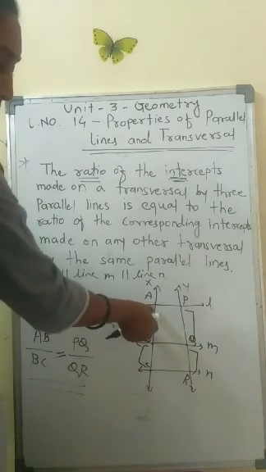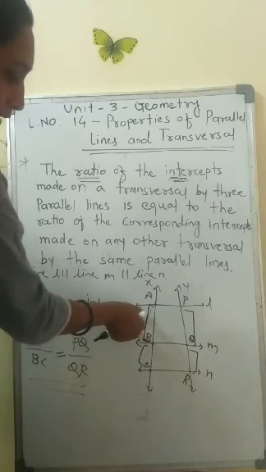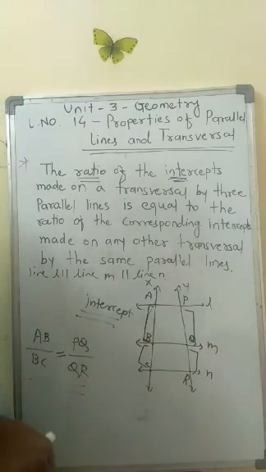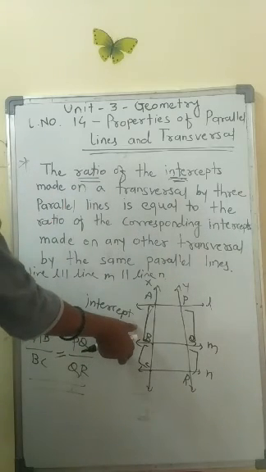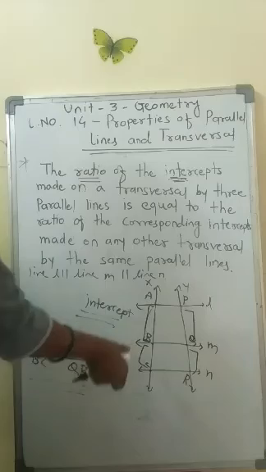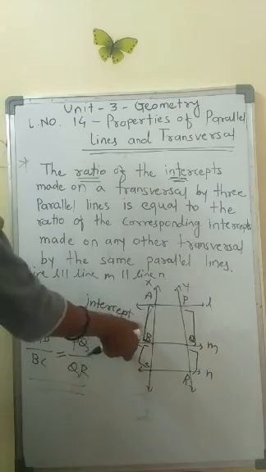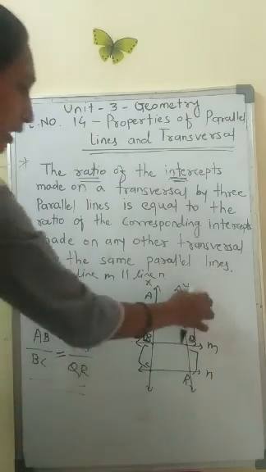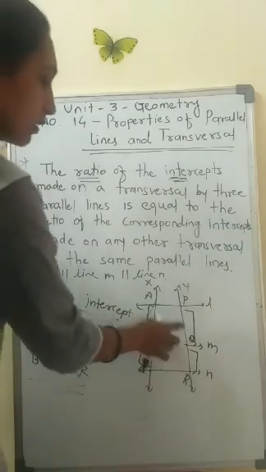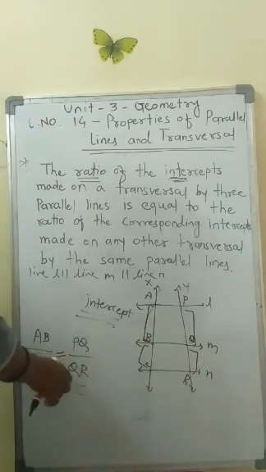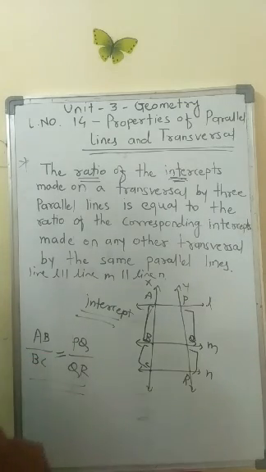The part between every 2 parallel lines: the first one is AB and the other is BC. Then you have to take the ratio of those 2 intercepts. We call them intercepts. The ratio of the intercepts made on this transversal by the 3 parallel lines, AB upon BC, and for the other transversal PQ upon QR, are equal.